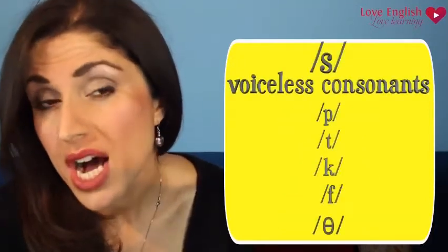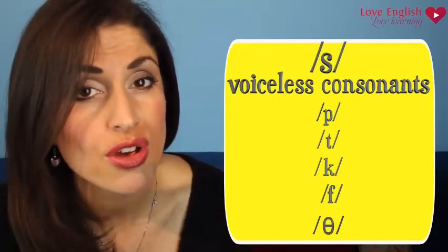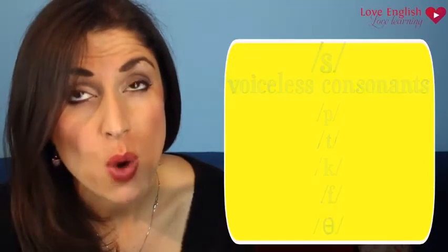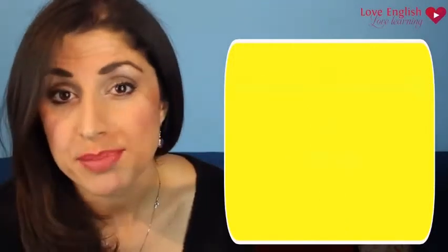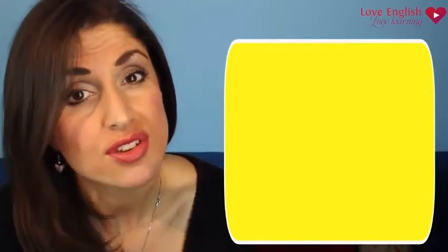For example, p, t, k, f, or th. Quite easy. Let's think of some examples. Weights, trips, kicks, or even months. There we go. So, pretty simple, but quite a few sounds to remember there.